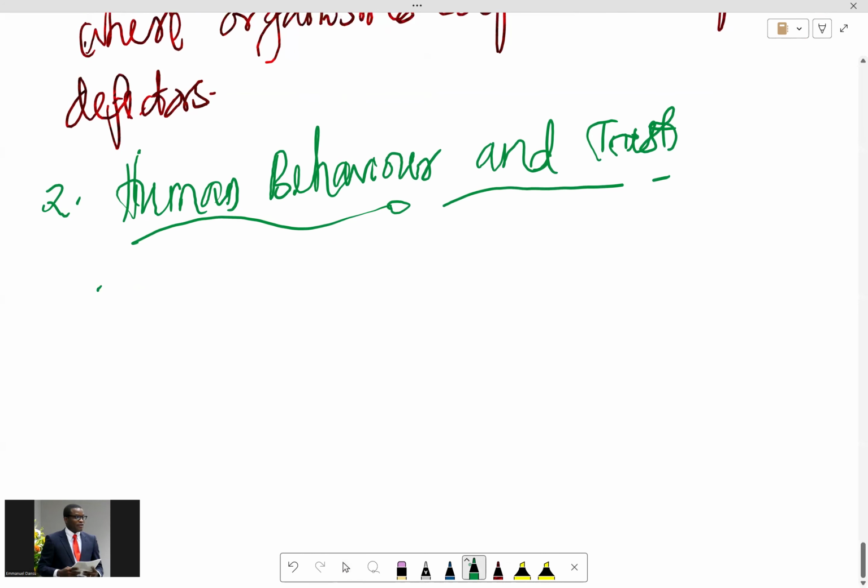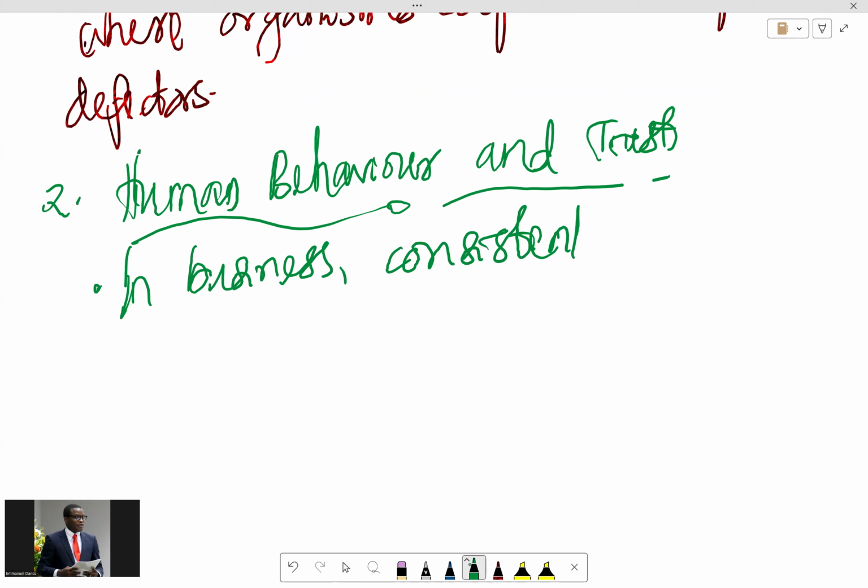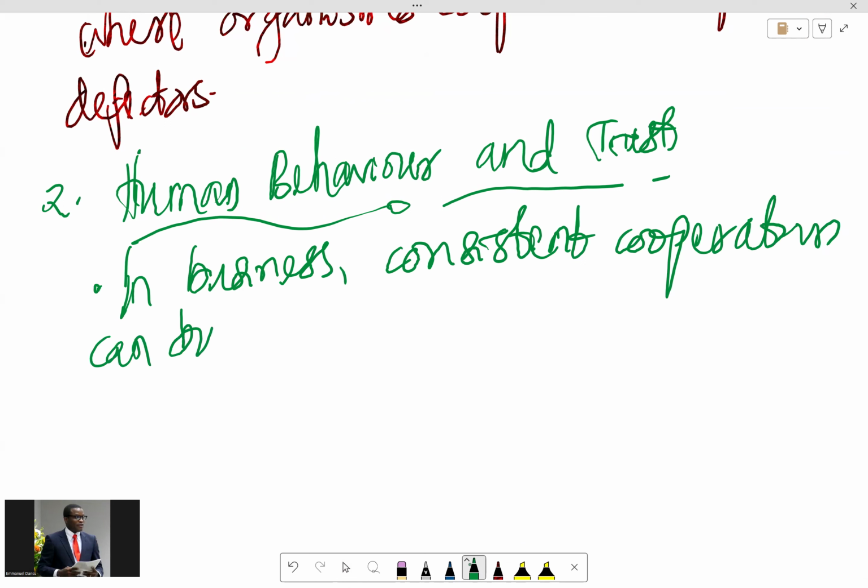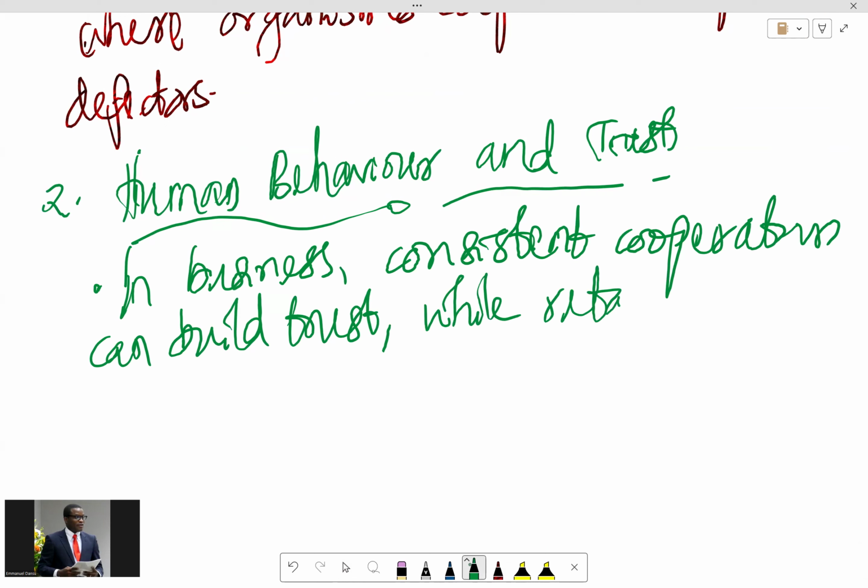So here in business, consistent cooperation can build trust, while retaliation prevents exploitation.